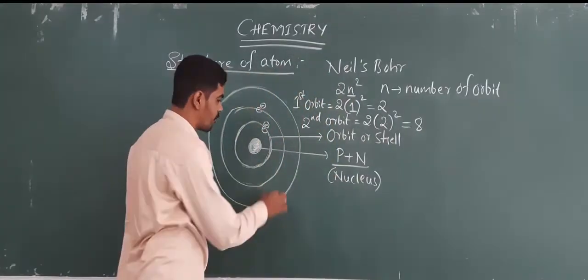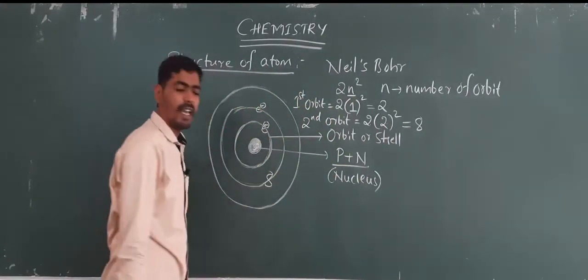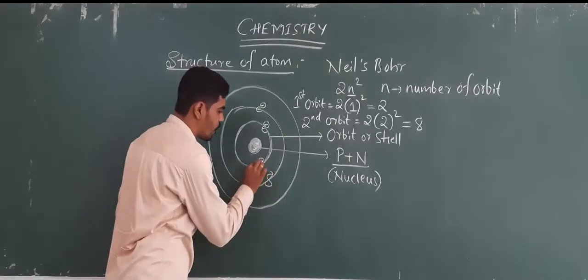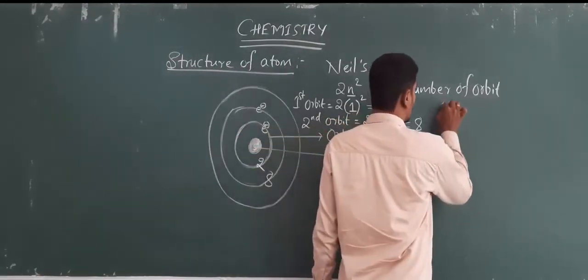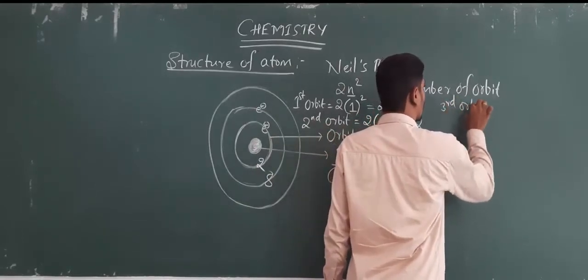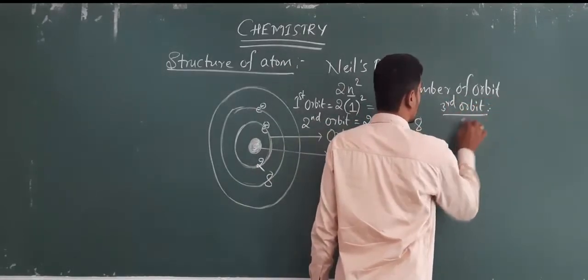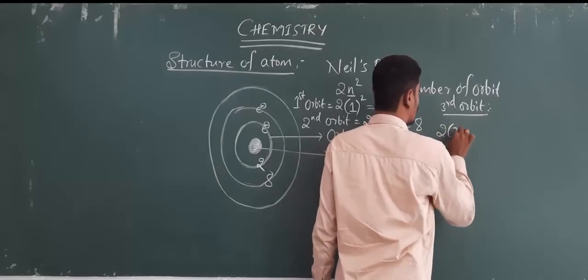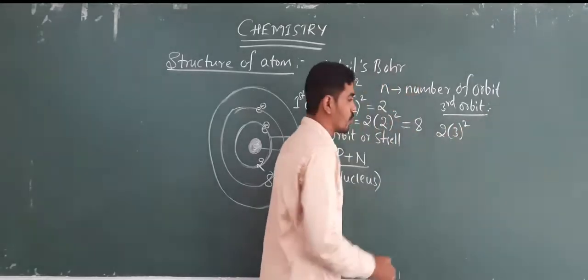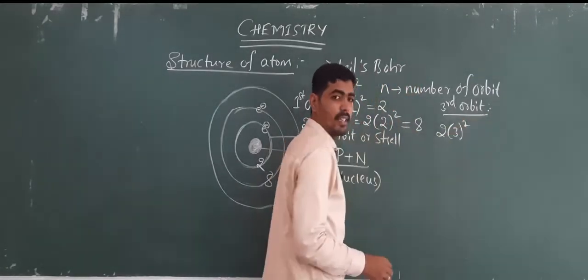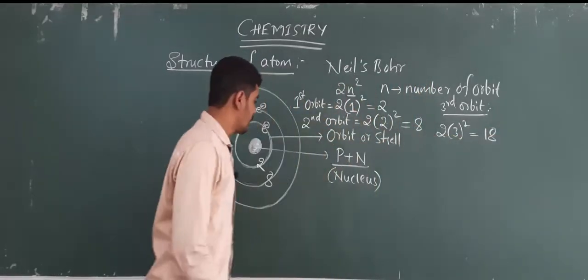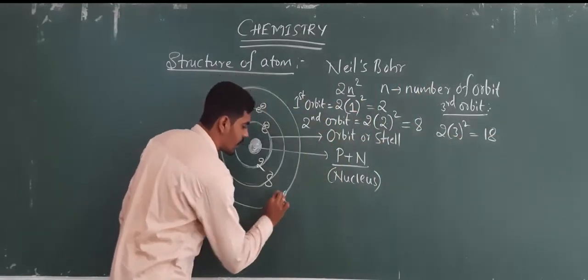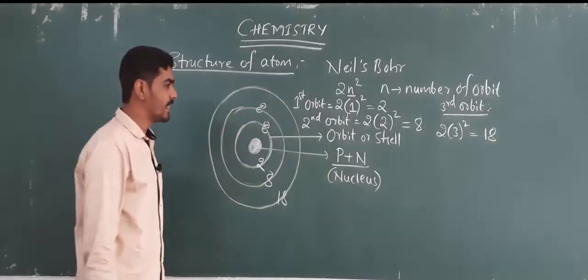So in the second orbit there are 8 electrons, and in the first orbit, 2 electrons. If I consider the third orbit, what is the number of electrons? 2 into 3 square. 3 square is 9. 9 into 2 is 18. In the third orbit, the number of electrons will be 18.